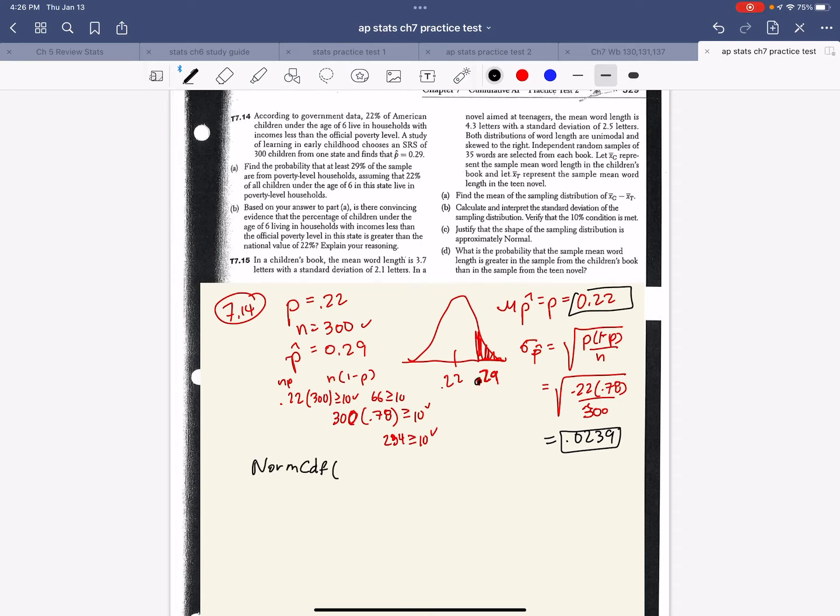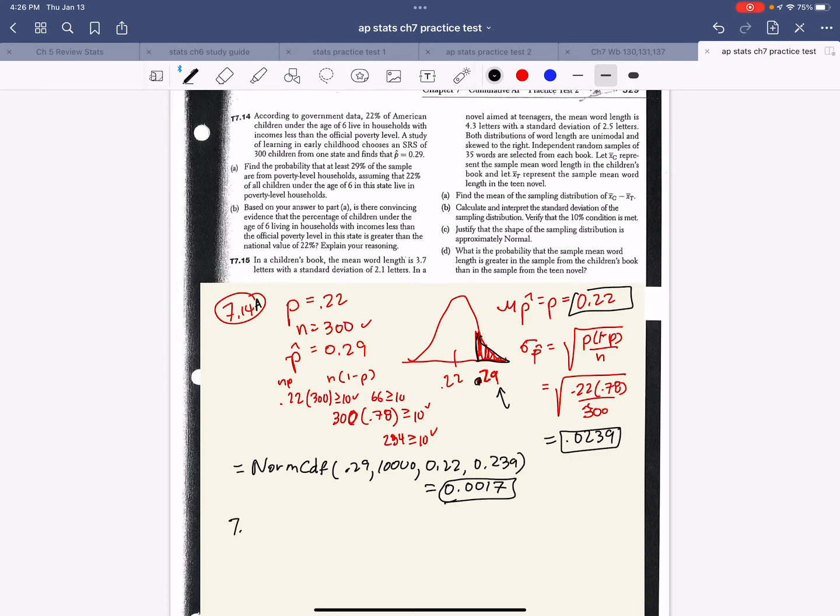My lower bound right here, my upper bound, really big number, my mean, and my standard deviation. Bingo, bango, bongo. I calculate that, and we get a very low probability. So there is not a chance. That is very rare to get that high of a poverty level rating.